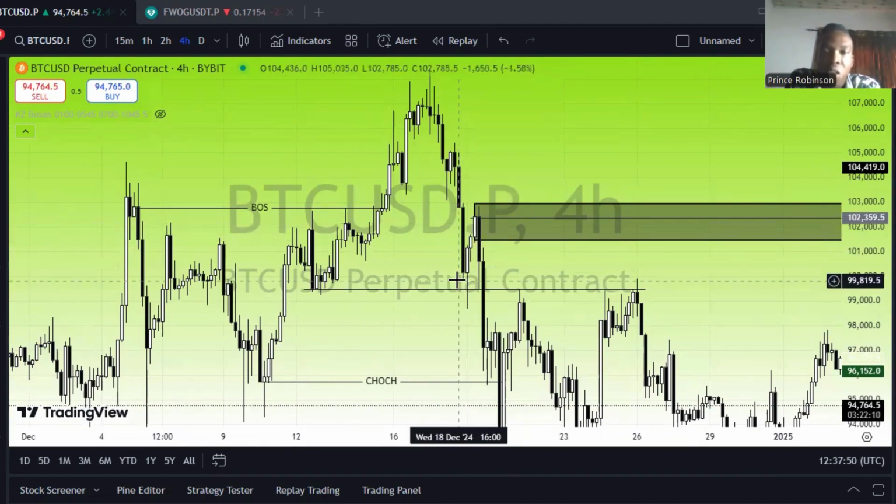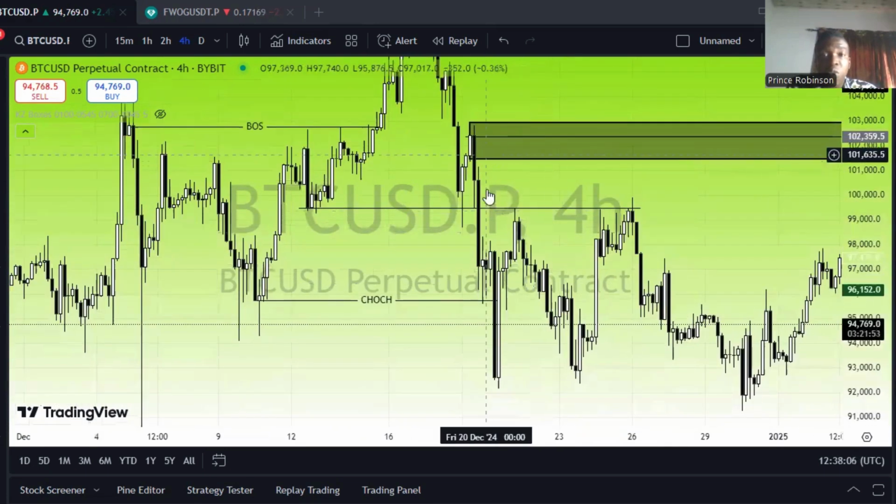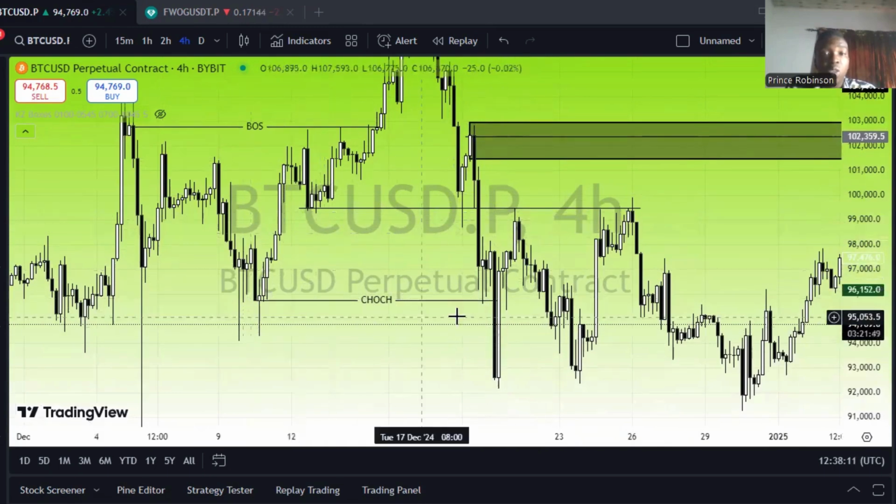So this is valid. I can call this a retracement, up to three candlesticks, valid to the downside with a very large momentum. And it took out this structure.